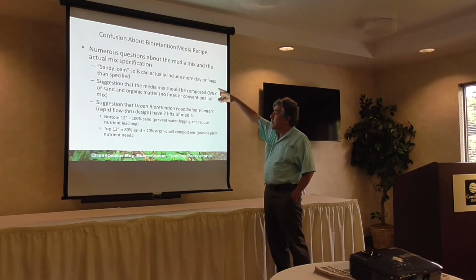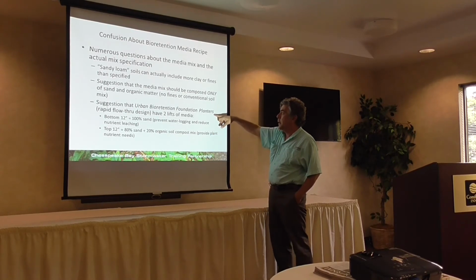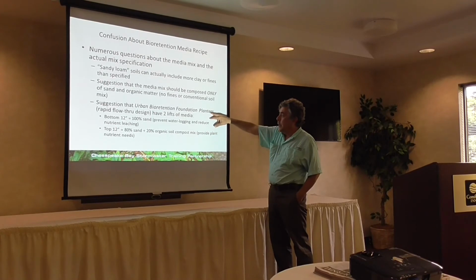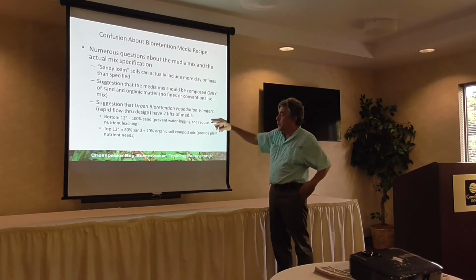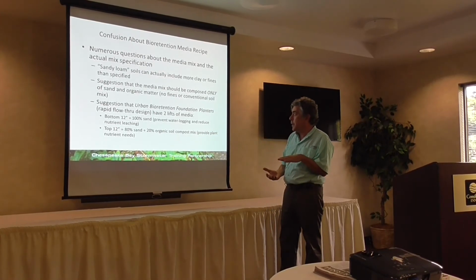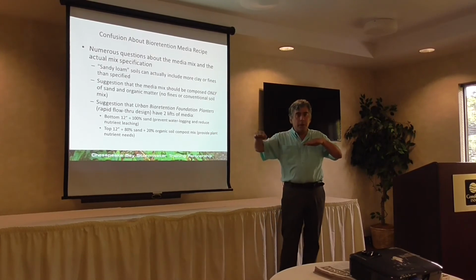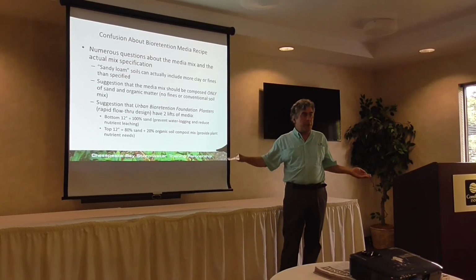In terms of the Virginia spec, and I won't go through a lot of them, but one notion is when you're using a rapid flow-through design, like on a foundation planter, at the bottom, it could be constructed in two lifts. The first lift is straight sand.